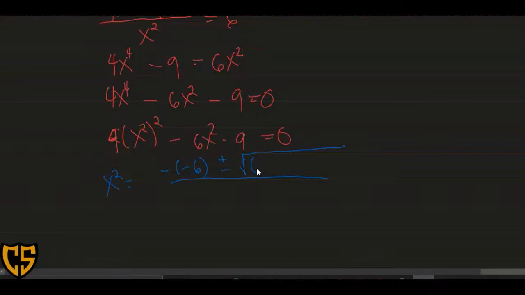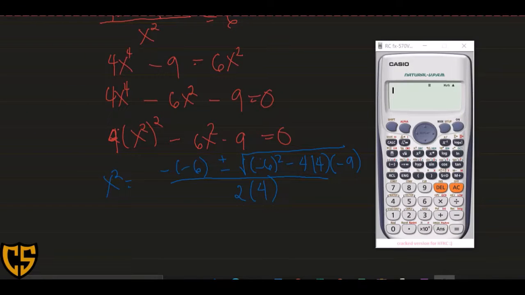This is negative 6 squared minus 4 times 4 times c, which is negative 9, and then divided by 2a, which is 4. So we are now going to find the value of our x squared.